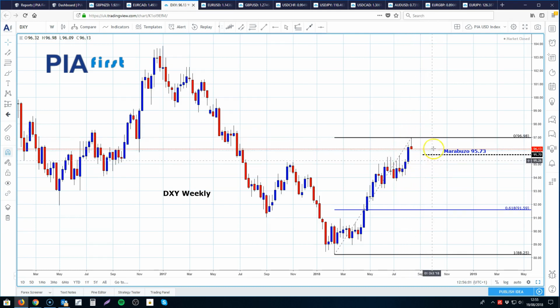Now, why I say that we can't really have a definitive view on where we believe the dollar's going is because we're really going to have to look to see where we close this week.